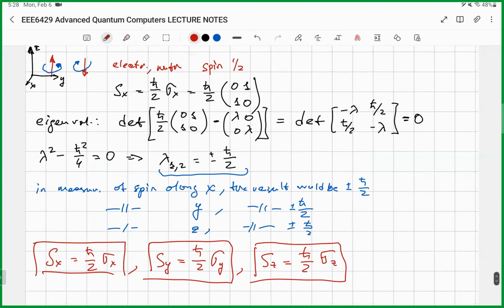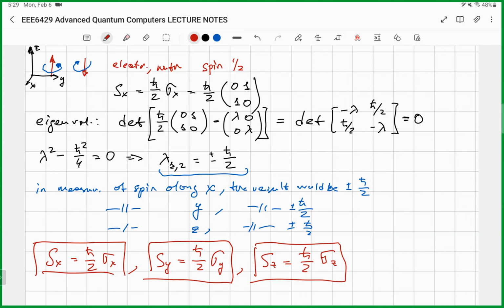Yes, it will be different. That's what I tried to say: for example, a photon has a spin 1, and in fact, up to some peculiarities, you can use the same matrices.